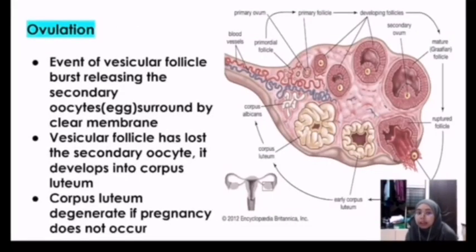Okay, just now I explained about the oogenesis process, and now the ovulation process. When the vesicular follicle bursts, it releases the secondary oocyte, or the oocyte we know as the egg, surrounded by a clear membrane.